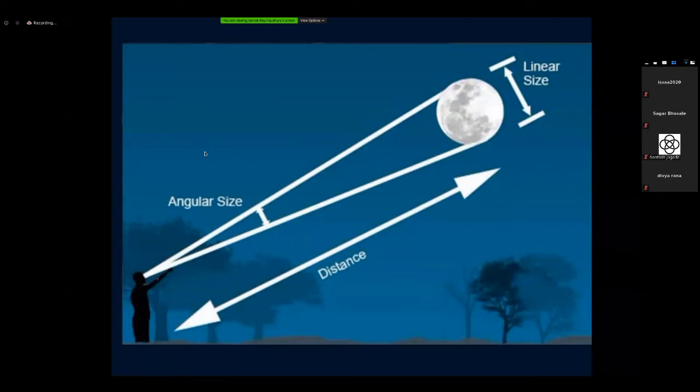So that's the main thing. We astronomers quote distances and sizes in a different way than most people in science. We talk in angular sizes and angular distances, and most often they are expressed in radians, which is dimensionless.